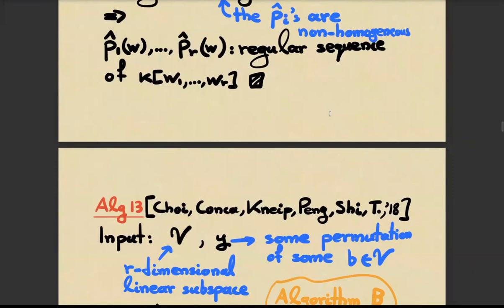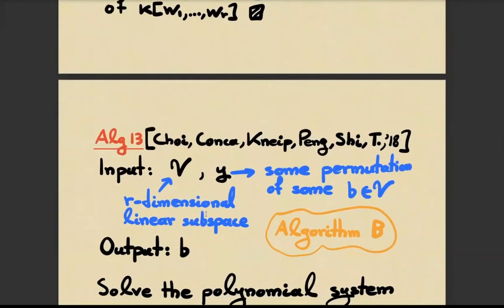Okay. Now, here's this algebraic geometry algorithm for unlabeled sensing, which I will also use later at the end of the talk. I'd like to call this algorithm B. This algorithm B takes as input a linear subspace V of k to the m of dimension r, and a vector y, which is a permutation of some vector b in this linear subspace V. And it gives us back the vector b.